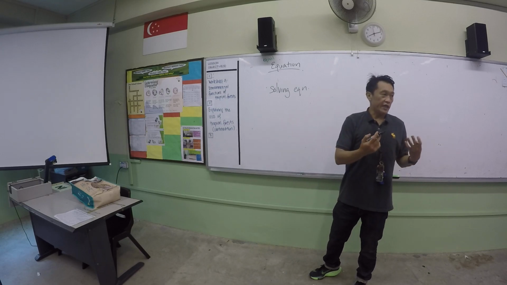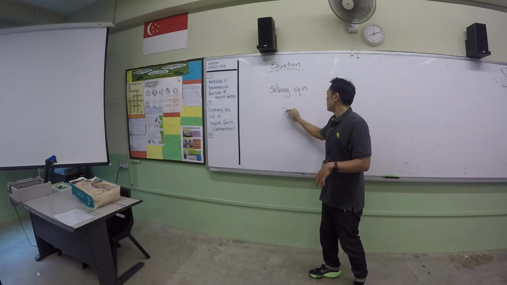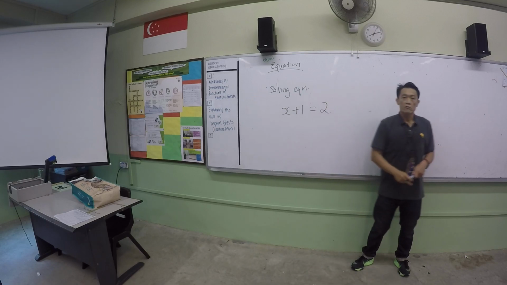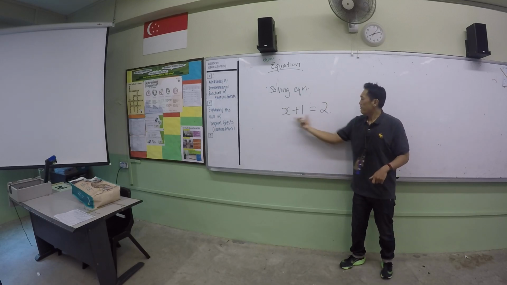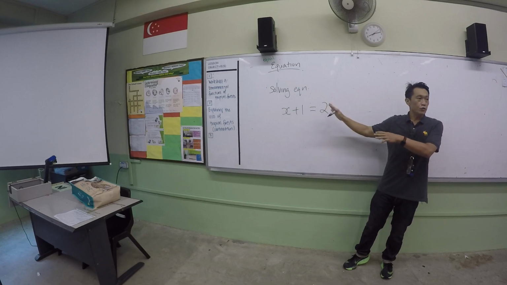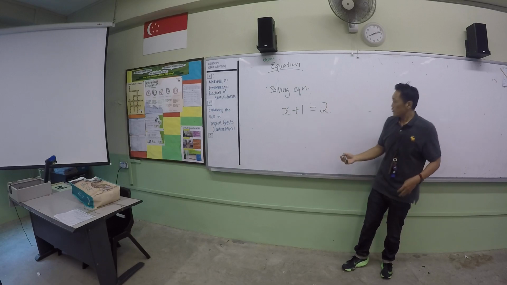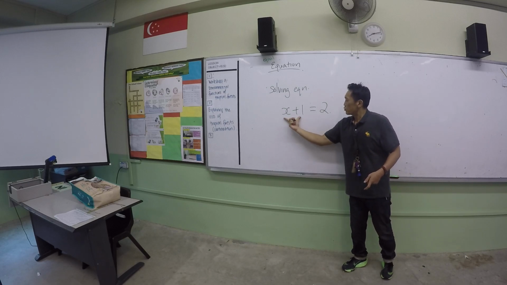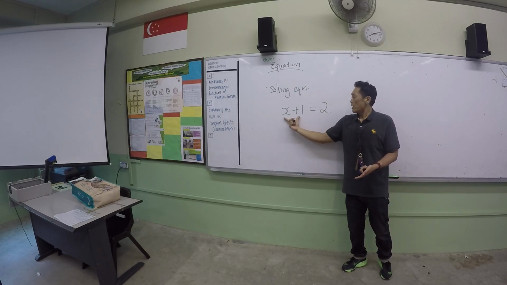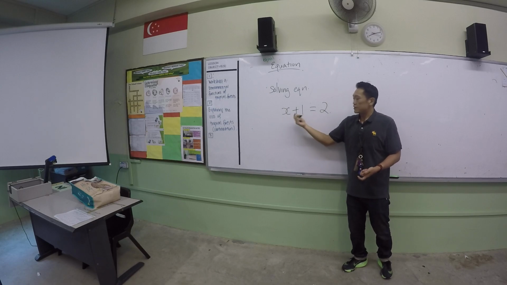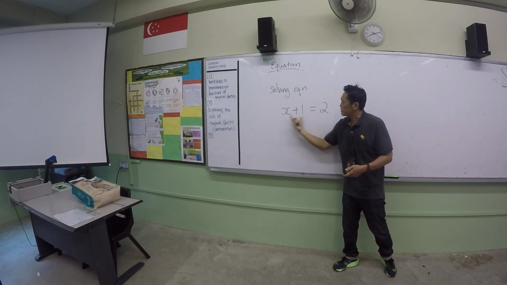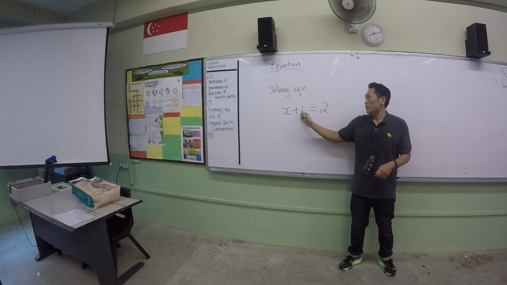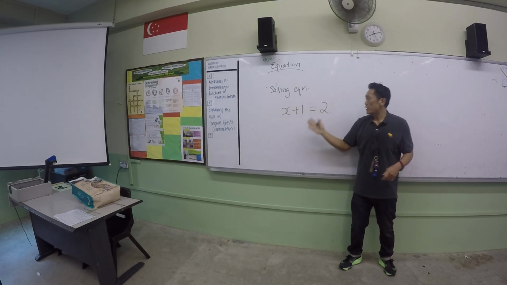So yesterday, the example that I gave you, what will make left and right the same? I don't need to do any working. I look, I know already. This is 2. What must be x to make x plus 1 the same as 2?